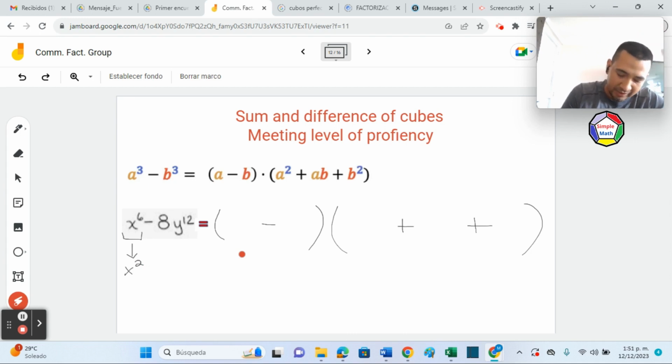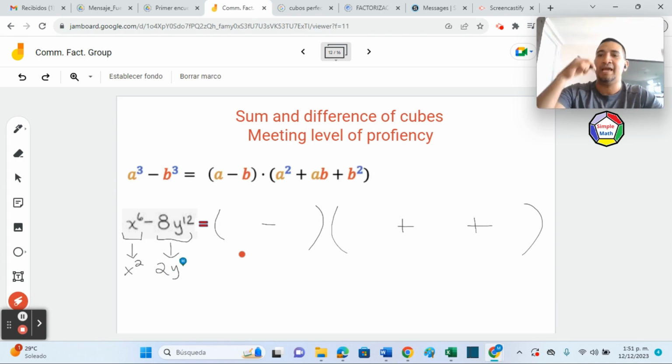In the same way, we calculate the cube root of 8. The cube root of 8 is 2, because 2 times 2 times 2 is 8. What is the cube root of y exponent 12? It is y exponent 4, because if we multiply y exponent 4 times y exponent 4 times y exponent 4, it gives us y exponent 12, because we add the exponents.